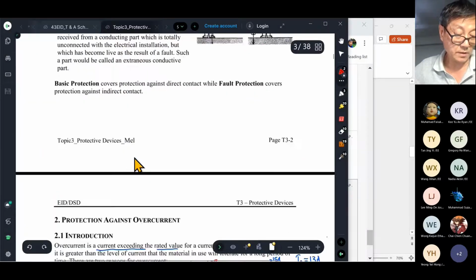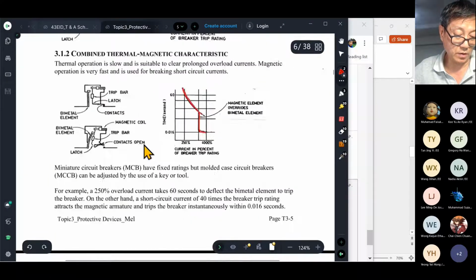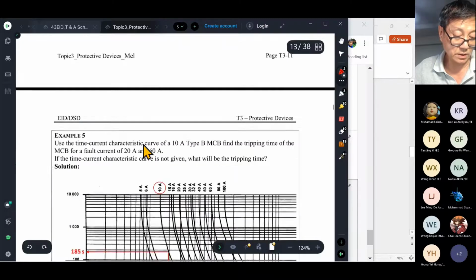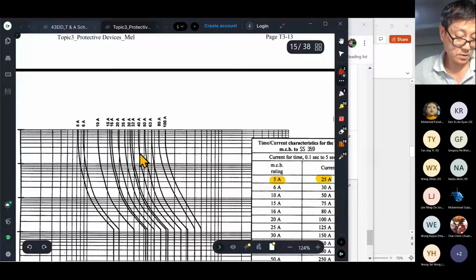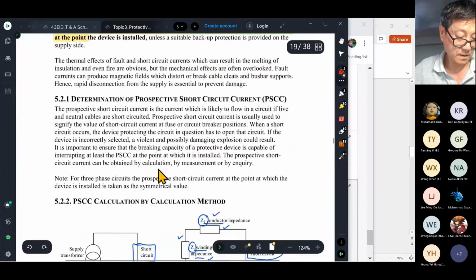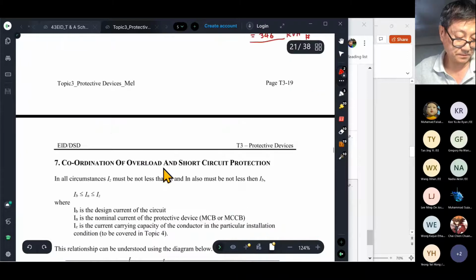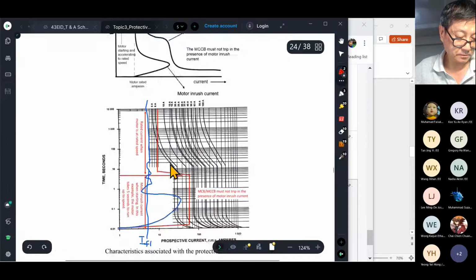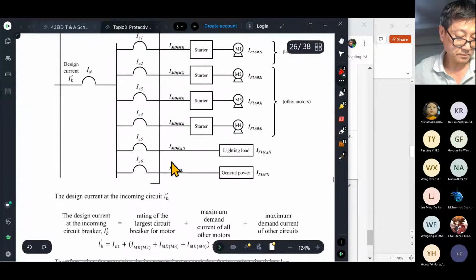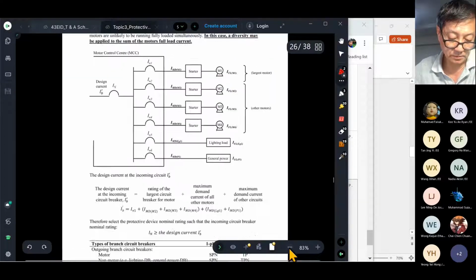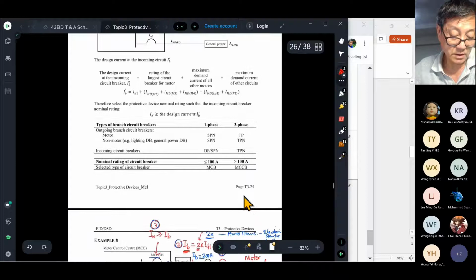All right, when we have a DB with all the different combination of load, I must use a certain formula. How to use that formula is outlined in these notes here. If you go to this example, lecture note page T25.